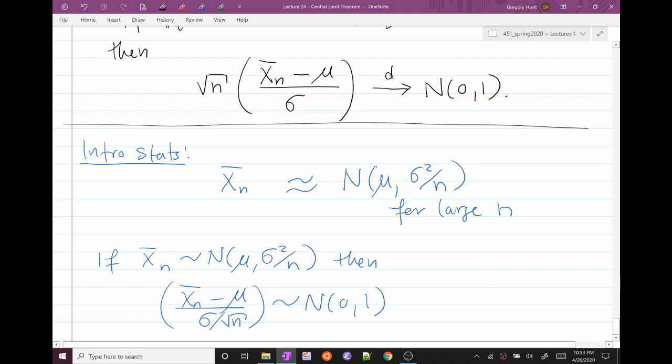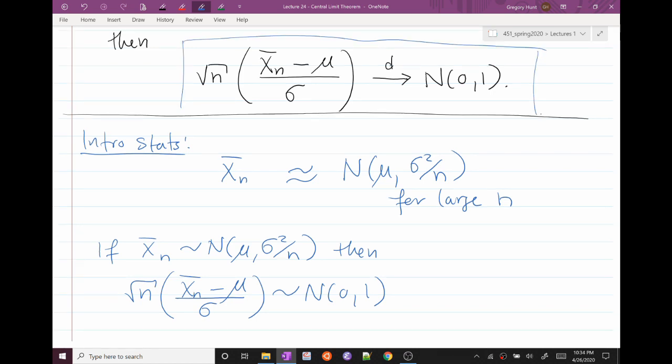But statisticians tend to leave the root n out front like that. So the form of our CLT here makes some sense. If x bar were really normal mu, sigma squared over n, then root n times x bar minus mu over sigma would have a normal 0, 1 distribution. In general, x bar isn't normal, but asymptotically, this quantity still is normal 0, 1.